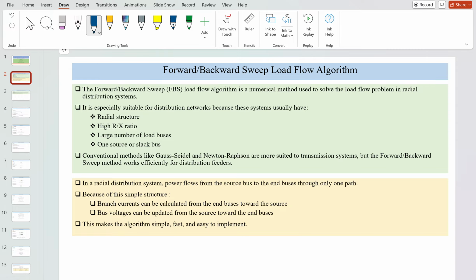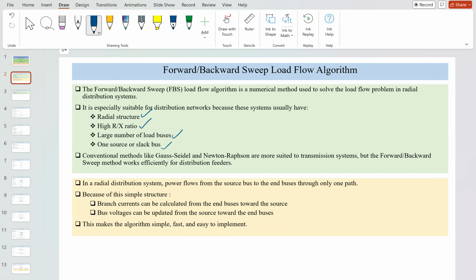There are a few reasons for this. It is mostly applicable to the radial structure, and second, there is a high R by X ratio, because inside the distribution network a large number of load buses are there, and one source or slack bus.